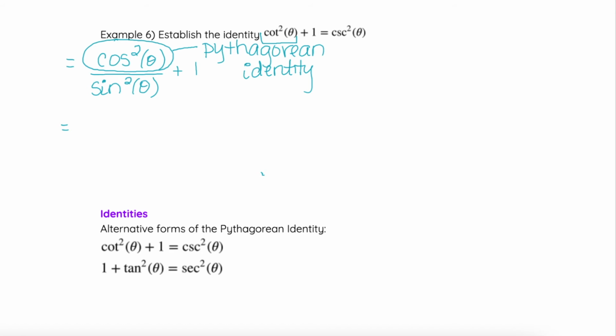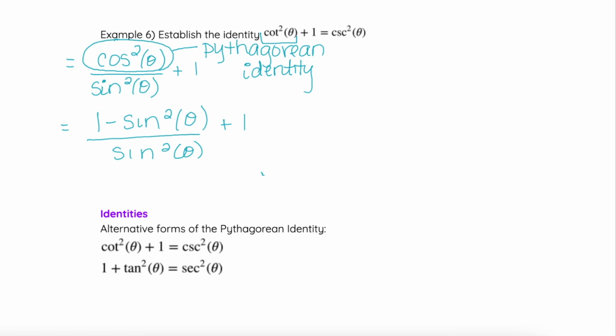So my numerator will now be 1 minus sine squared of theta over sine squared of theta, plus 1.